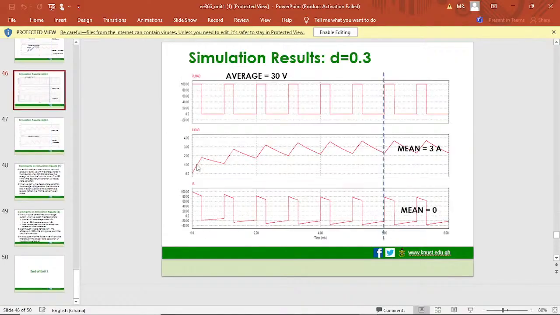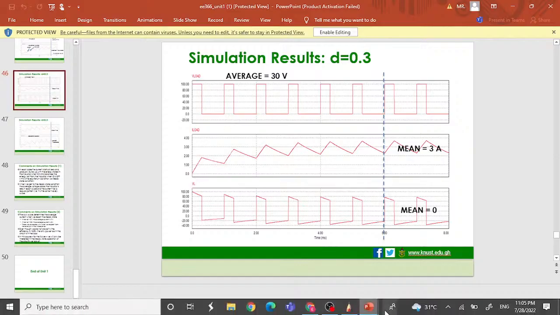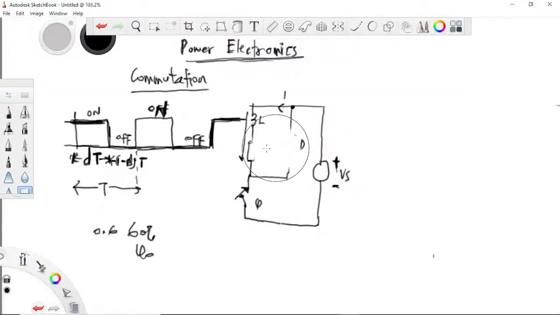Initially, I'm using this simulation to explain. When the switch comes on, the inductor takes current, right? Switch is on, inductive current is on. So current flows through the inductor, flows through the switch, comes back here. So the inductor has built up current.